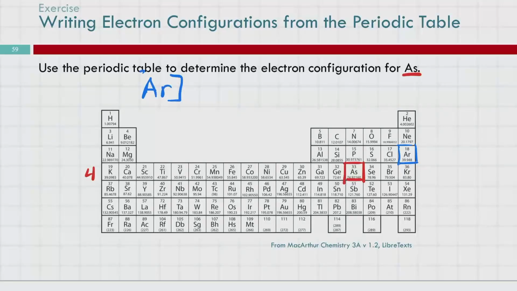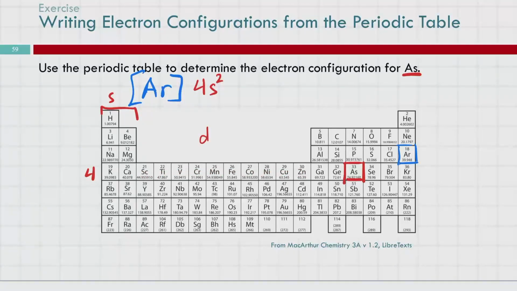So symbol for argon in brackets. And then in row 4, what's the first block that we encounter? We encounter 4s, because our S block is our first 2 columns. We are past it, 4s2. We're past both of the entries. 2 entries, 4s2. And then we get to what block?